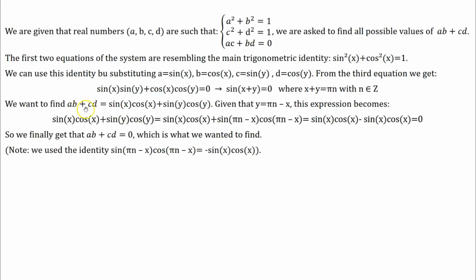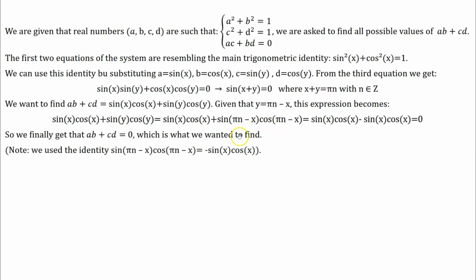So we want to find sine x cosine x plus sine y cosine y. From this equation, given that y is equal to πn minus x, we can substitute y in this expression, and we get sine x times cosine x plus sine of (πn minus x) times cosine of (πn minus x).